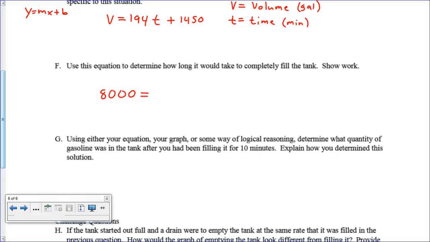So 8,000 is going to equal 194 times T plus 1450. We would subtract 1450 from both sides, and then divide by 194. And when I do that, I get T equals 33.8 minutes.